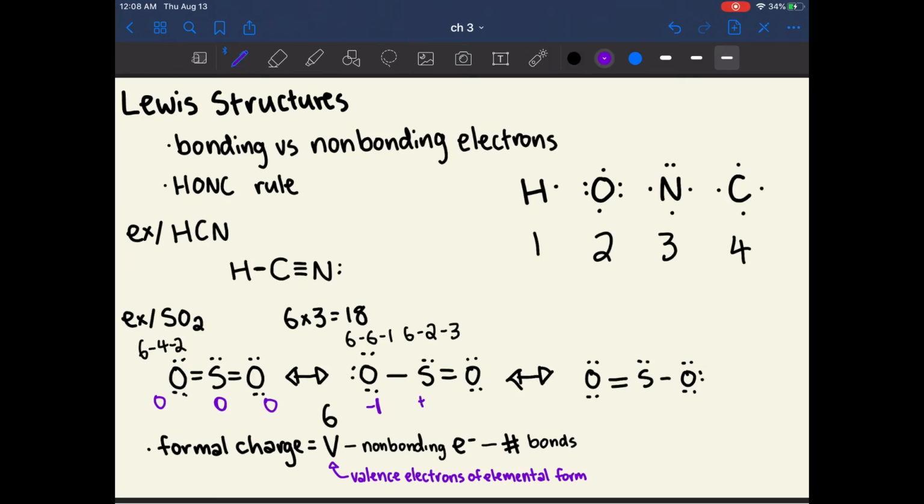So the central sulfur has a formal charge of +1, and the right oxygen has a V of 6 minus the number of non-bonding electrons, which is 4, minus the number of bonds, which is 2. So this right oxygen is neutral in terms of formal charge. And on the structure on the very right, we can assign the same but symmetrical formal charges.